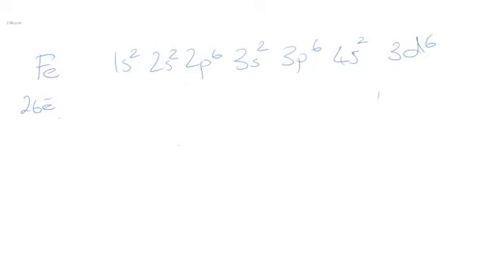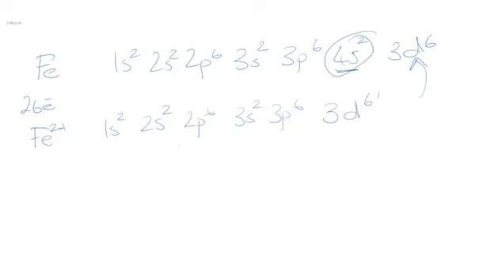When you go to Fe2+, you think you've removed the electrons from the 3d orbital because you think that's what's highest in energy to remove. But what we actually find is that removing from the 4s is actually lower energy. So this would be 1s2, 2s2, 2p6, 3s2, 3p6, and the 3d6, because these 2 electrons are gone.